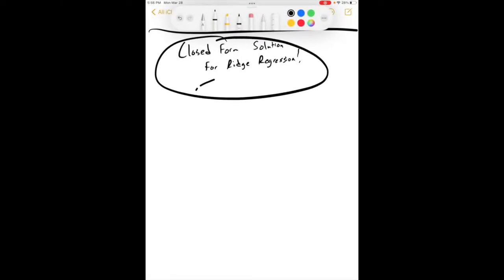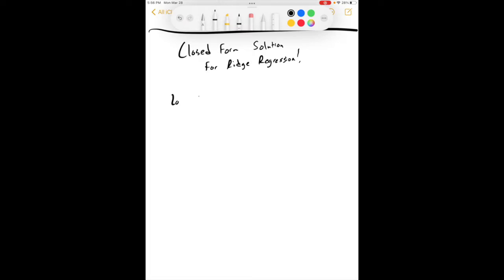Importantly, there is a closed form solution for ridge regression. The other ones, lasso and elastic net, don't have a closed form solution. You've got to use some kind of gradient descent, but there is a closed form solution for ridge regression. So let's look at our loss function here, which we said was y minus x beta transpose times y minus x beta plus lambda beta transpose times beta.